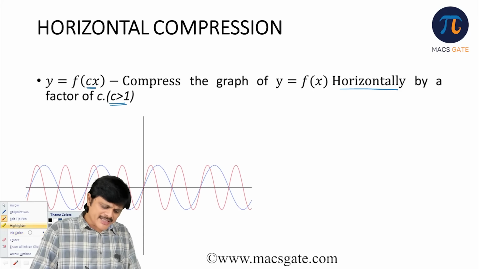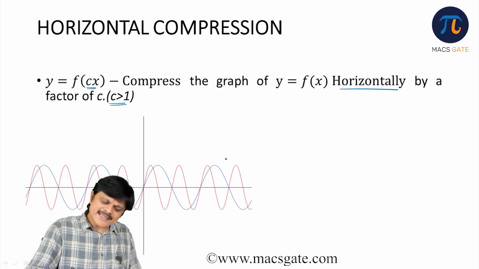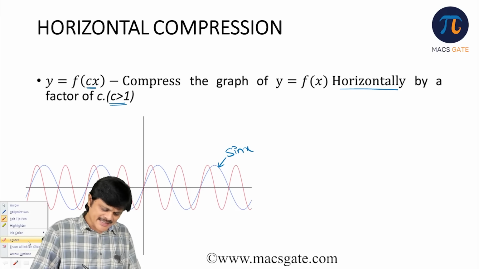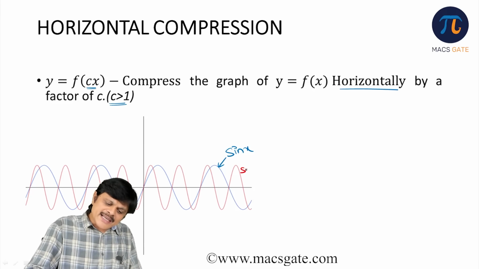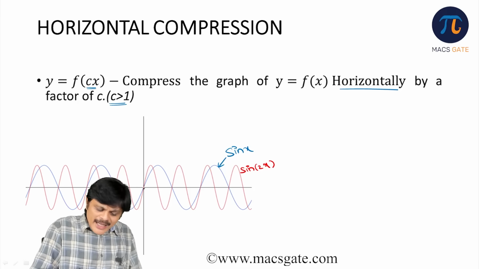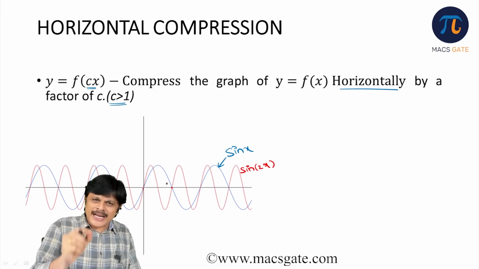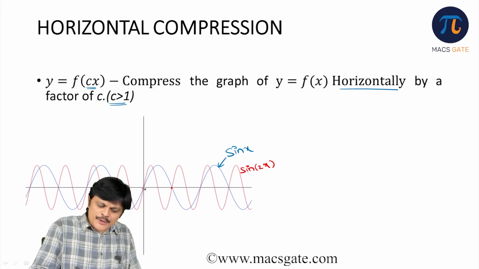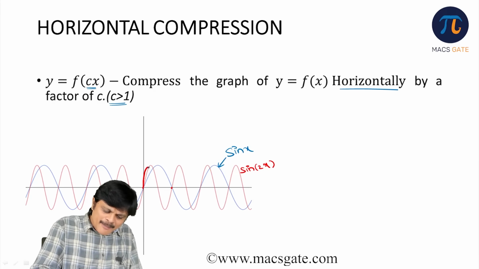The blue one is your original sin x, whereas the red one is sin 2x. So what happens? See, compression is happening. Actually, the blue one takes 0 to pi for just one loop, whereas for 0 to pi, this red one completes the entire period.